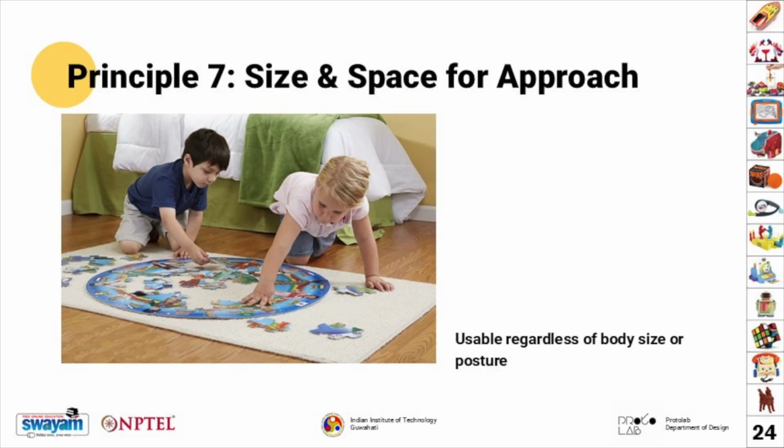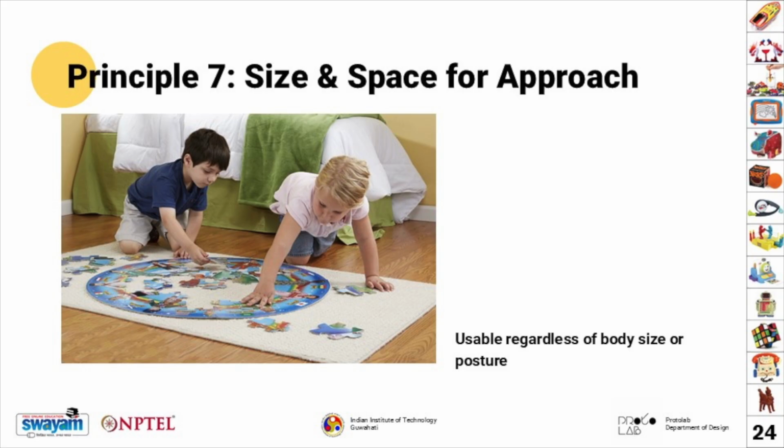The seventh principle, size and space for approach, ensures that appropriate size and space are provided for approach, reach, and manipulation and use, regardless of user's body size, posture, or mobility.